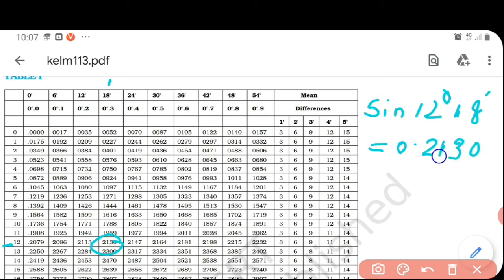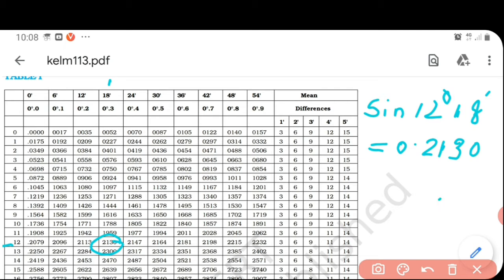Take care, in the table only in the first column the decimal point is given. That decimal point is applicable to all the data values in this table, but it is not applicable in the mean difference column. I'll tell you about the mean difference column. Up to that 54 minute column, the decimal point is applicable.